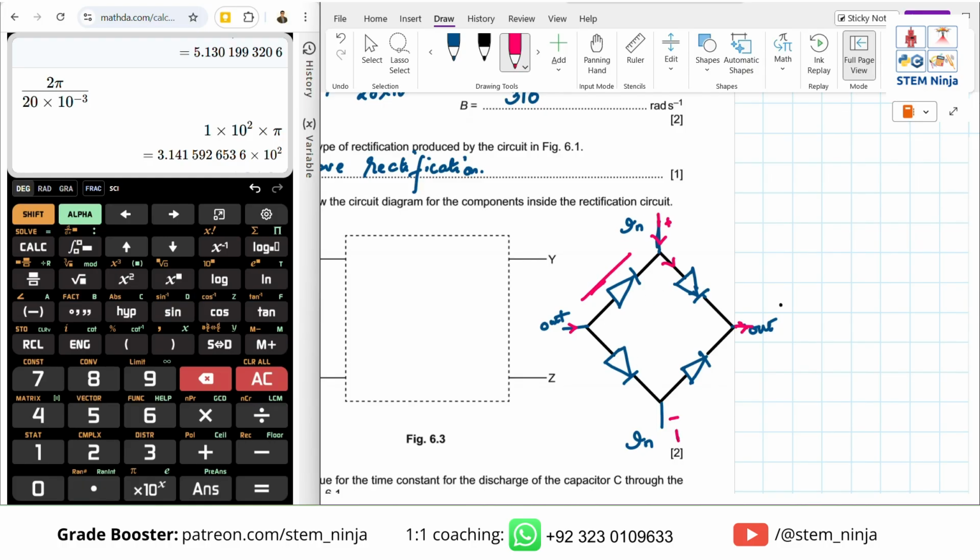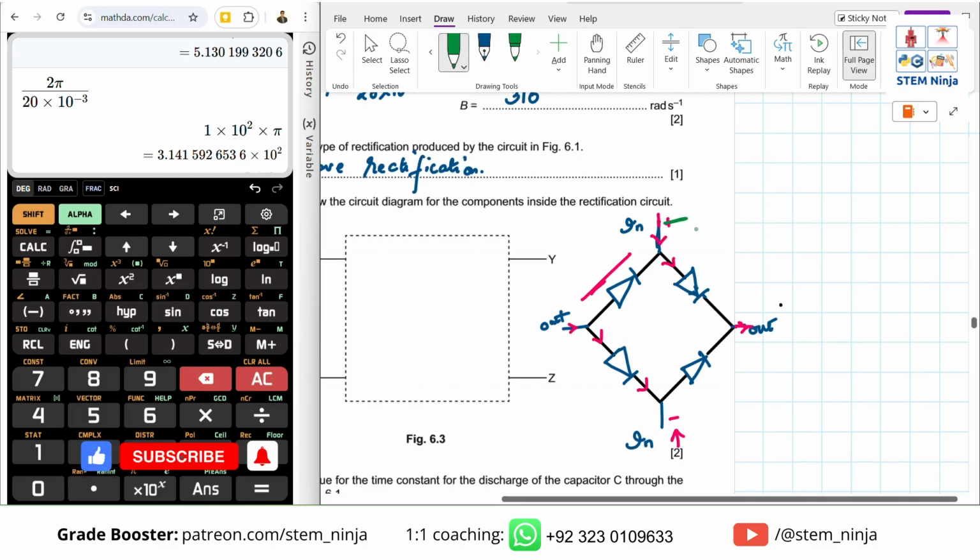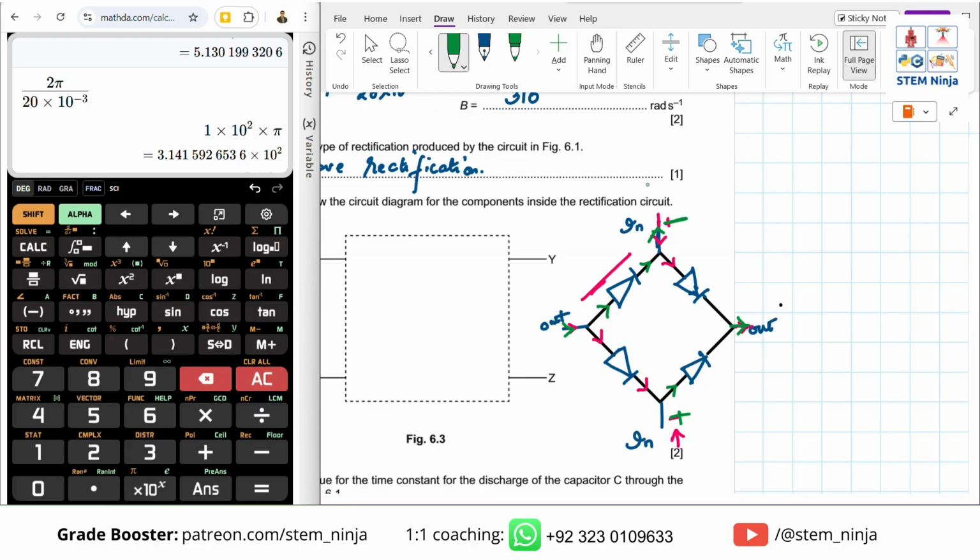Lower potential is towards below, so it will flow this way. On the other hand, if we make this negative and this positive, the current will flow through over here, same pathway through the output, and this time it will flow this way back to the input wire. So this is one variation, which you can just copy into this.